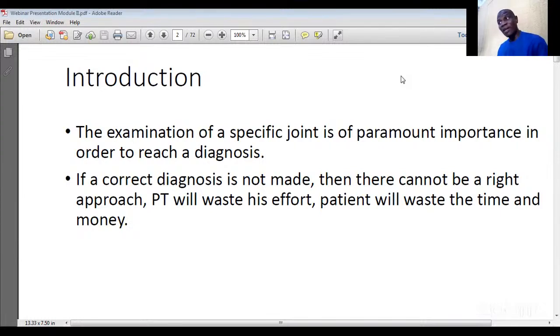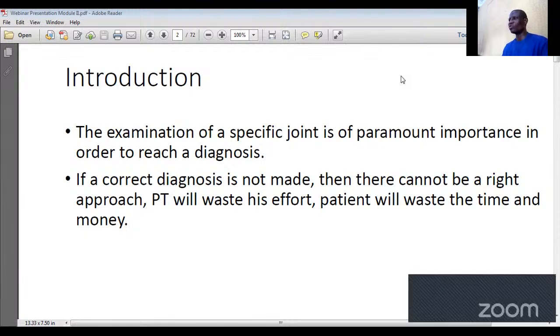You waste your time, you waste your effort, and the patient too will waste his money and his effort. That's why there is need for us to have appropriate diagnosis. And you cannot do that if you don't have the real examination that we're supposed to have. Because of that, we have to go through this.